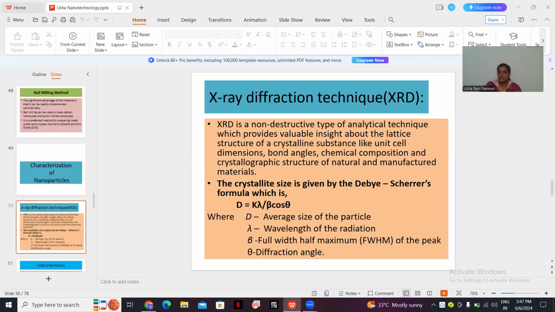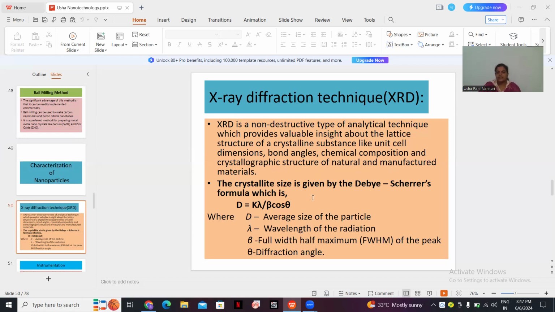XRD is a non-destructive analytical technique which provides valuable insight about the lattice structure of a crystalline substance, like unit cell dimensions, bond angles, chemical composition, and crystallographic structure of natural and manufactured materials.